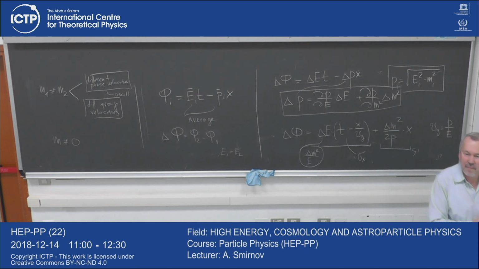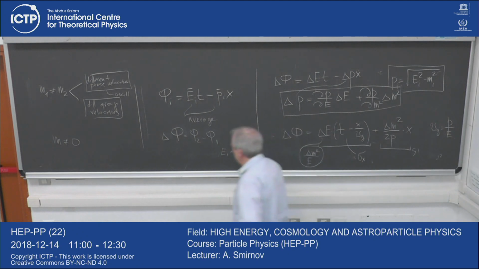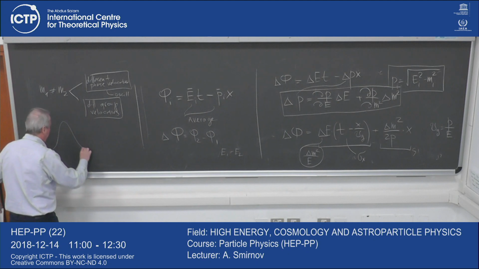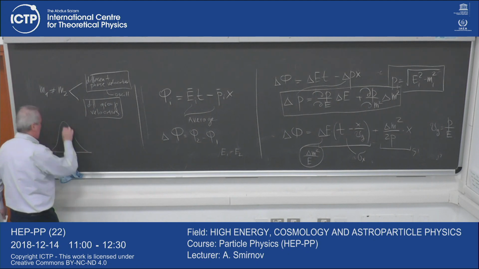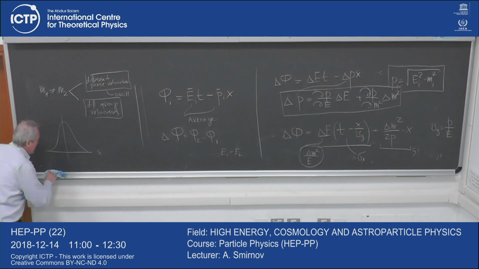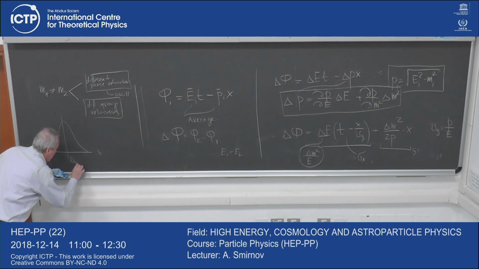Do you understand this? Since everything is propagating within this shape factor, I remember we have written the shape factor, then X is given by the average V group multiplied by time.